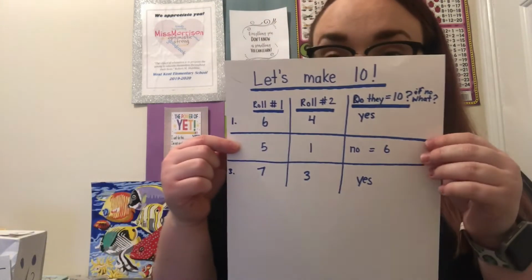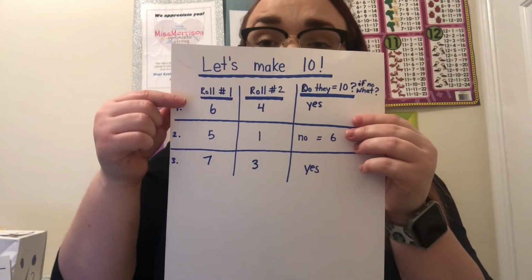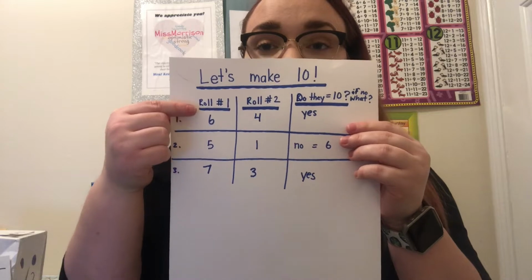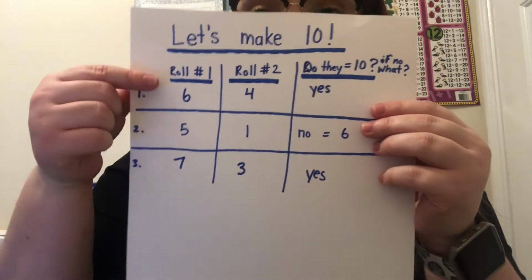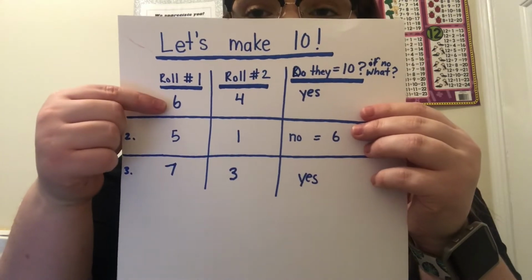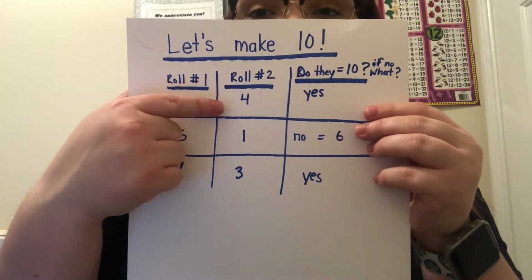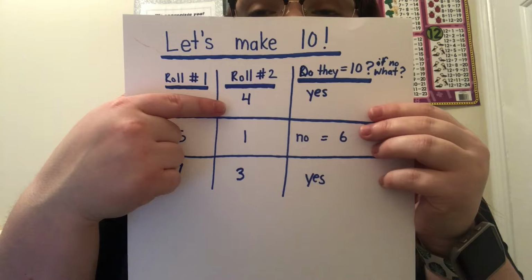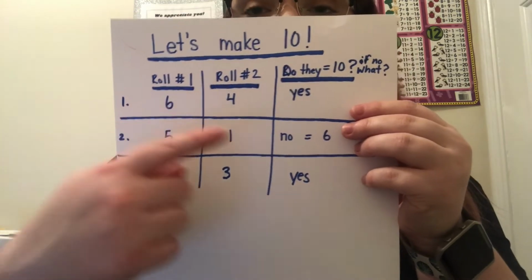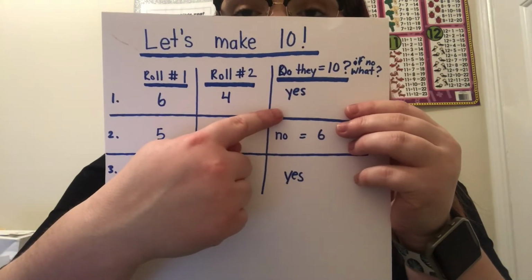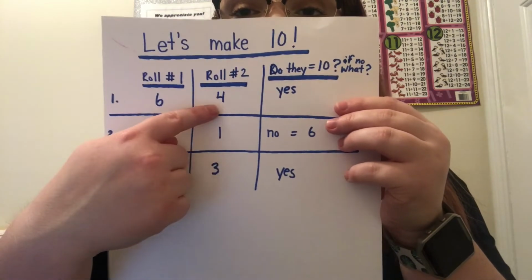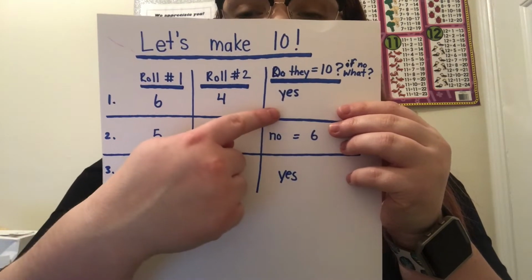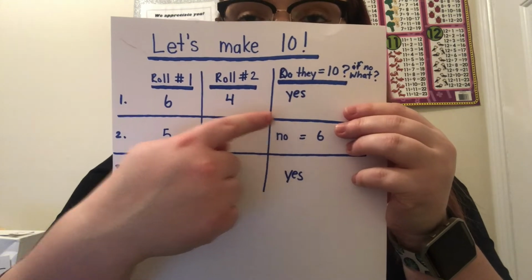So the goal is that you will have each roll. For instance, if I rolled a 6 on my first roll, I'm going to write that down in column 1 in the first spot. If I roll a 4, I'm going to put that in the next spot. Now, the tricky part is you're going to say, does this equal 10? So we're going to go back and do our addition. 6 and 4 more equals 10, right?